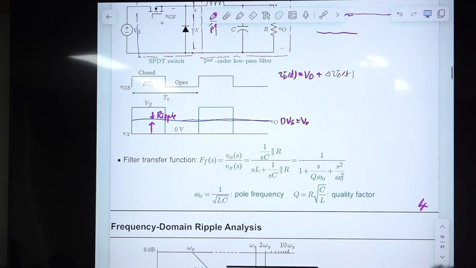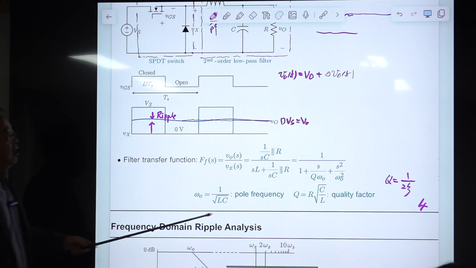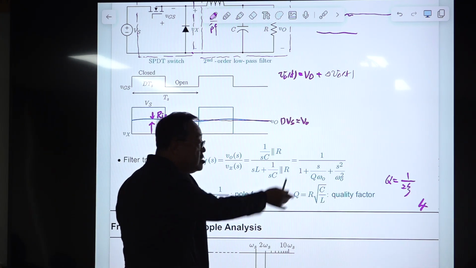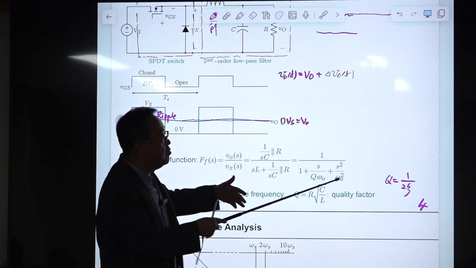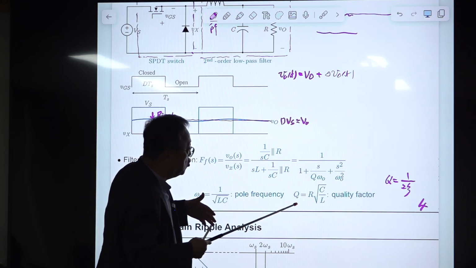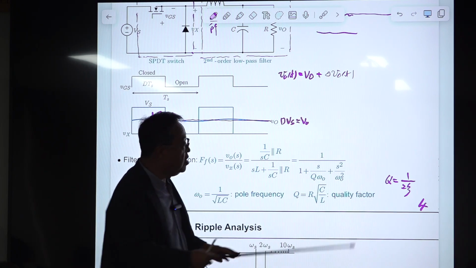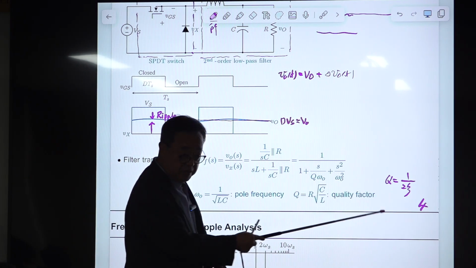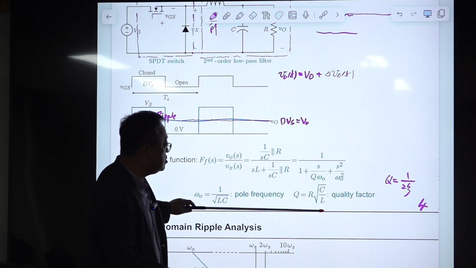And there is another expression in control systems. They prefer to use the definition of zeta. Zeta is something similar to this, but the motivation of defining Q and zeta is entirely different. This is the relationship between these. So don't confuse them.